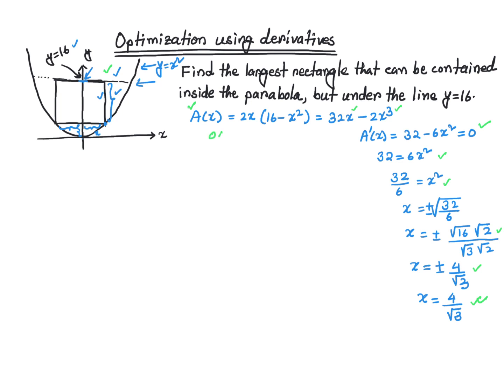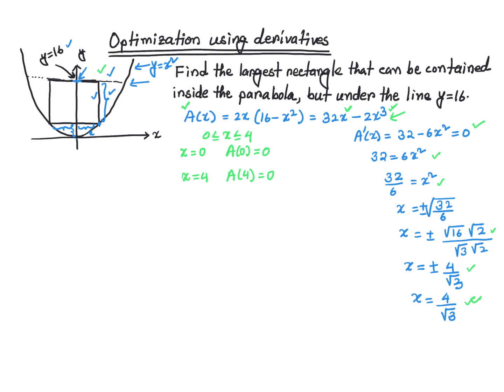So 0 is less than or equal to x is less than or equal to 4. So my boundary points are going to be x is equal to 0 and x is equal to 4. Now note that if I plug in x equal to 0 into this function, I'm going to get A of 0 is equal to just 0, because this is 0, this is 0. And also, if I put x equal to 4, A of 4 is also going to be 0.